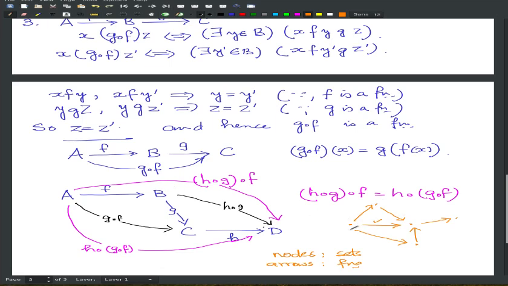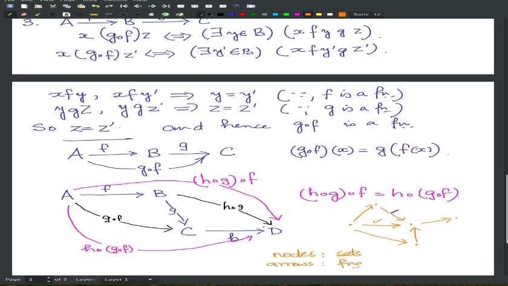So to say a diagram is commutative means any two paths between two nodes are equal, and it actually therefore gives us nothing else but an equality. It's an equation involving compositions of functions.